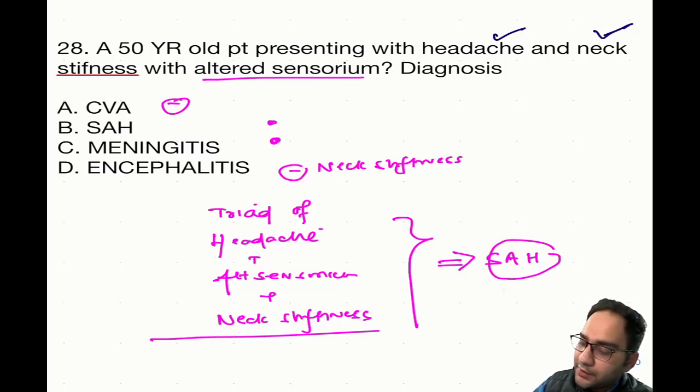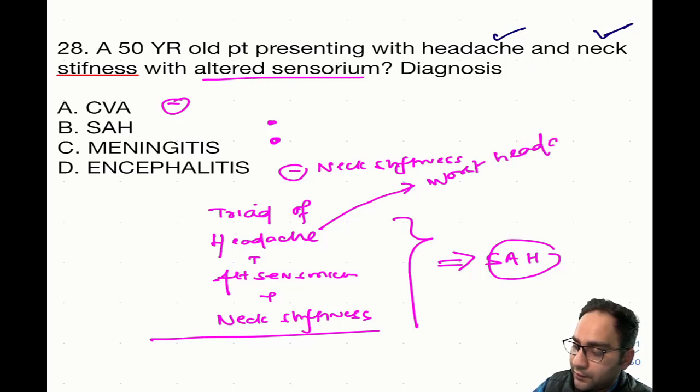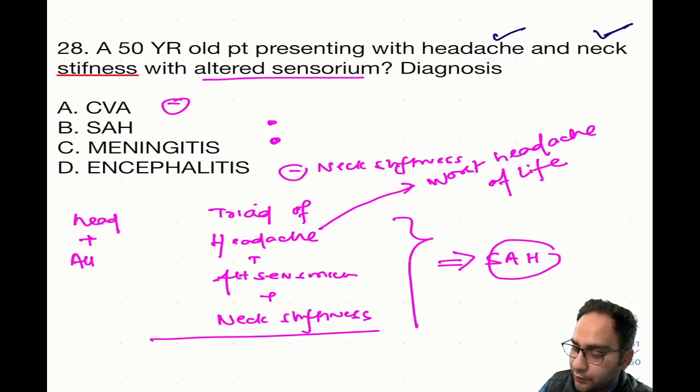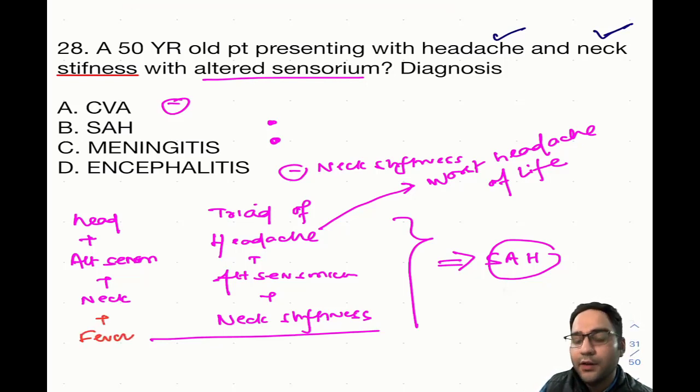In subarachnoid hemorrhage, headache is classically described as the worst headache of life. Now in the same question, if the patient had headache, altered sensorium plus neck stiffness, and if I add fever to it, the answer would turn into meningitis.